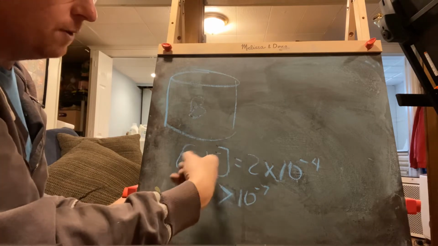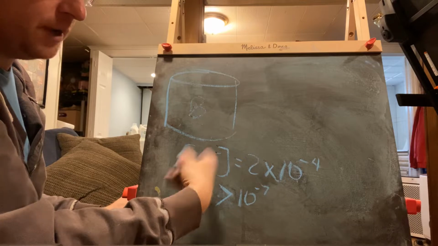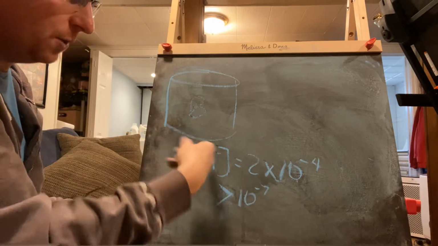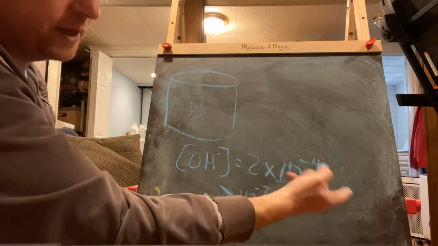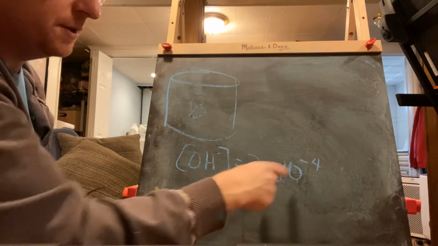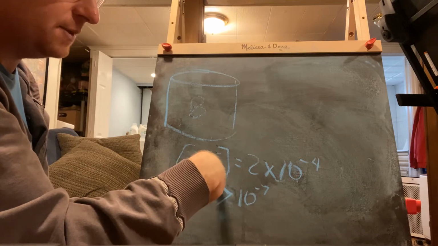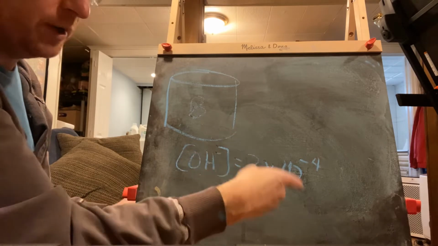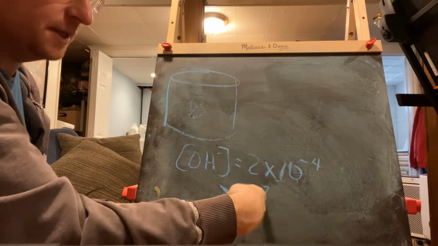If you have more OH than you have H3O, the solution is going to be basic. 10 to the negative fourth is still very small, but it's greater than 10 to the negative seventh. So therefore, this is going to be a basic solution because you know your H3O plus is going to be below 10 to the negative seventh.